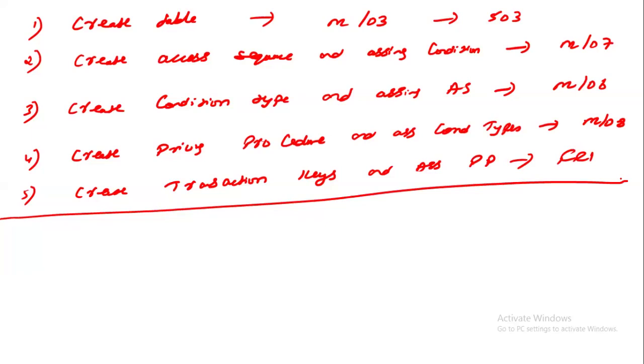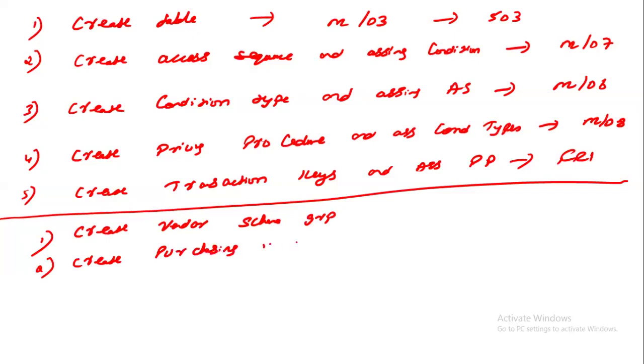Okay. Apart from this, we just created the configuration. So how can we get this configuration into purchase order? For this, you need to create vendor schema group. You need to create purchasing schema group. These all are simple.